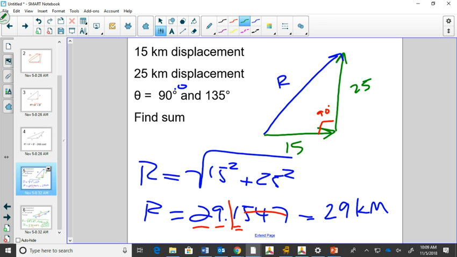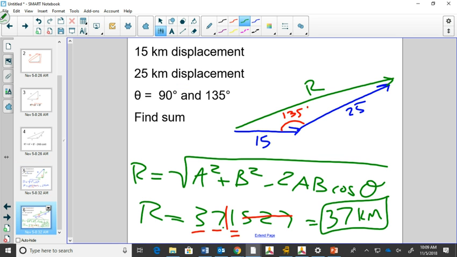So are you comfortable that if we need to go find Jason when he's walking at that 135-degree angle, we have to go further than if he's walking at that 90-degree angle? That makes sense, doesn't it? Because that R with a 90 degree is much shorter than the R at the 135 degree. So common sense wise, yeah, okay, I did that correctly.